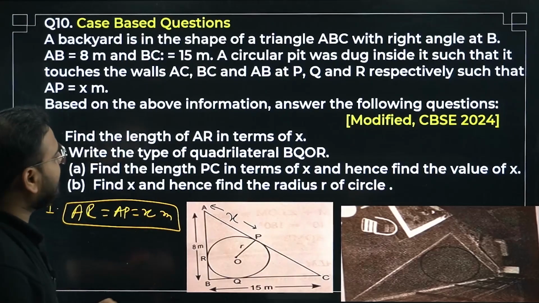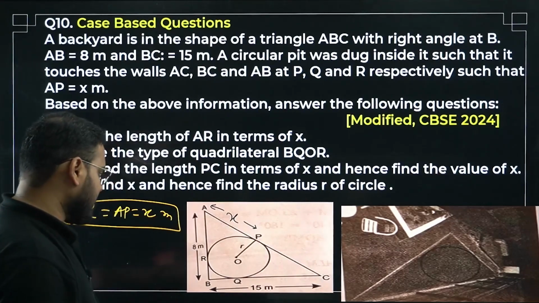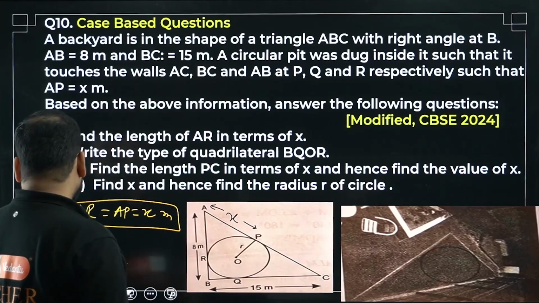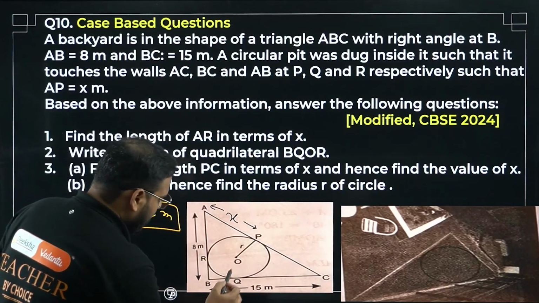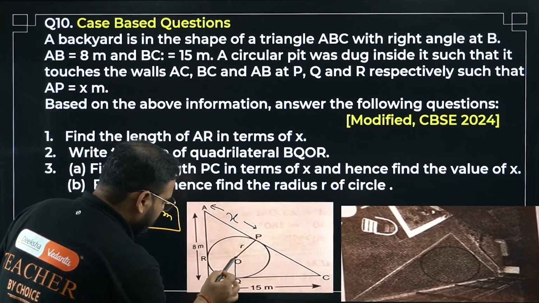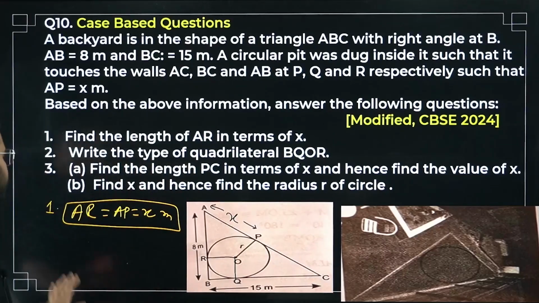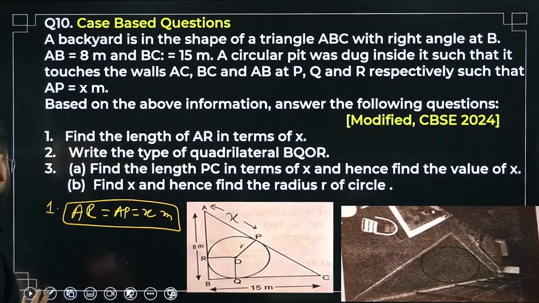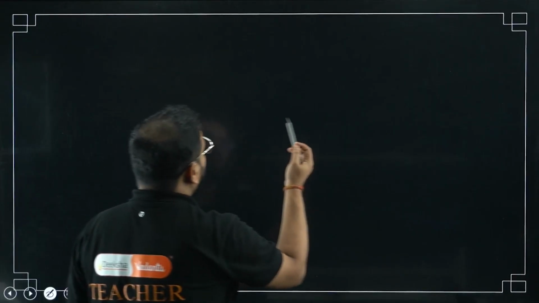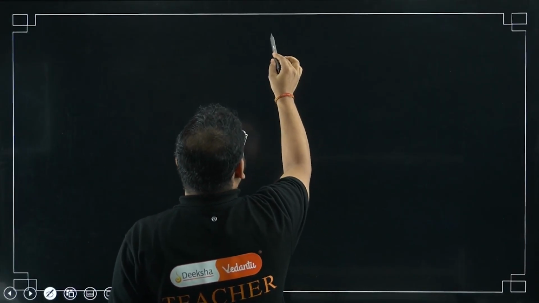Write the type of the quadrilateral BQOR. We'll solve it over here. Next slide. What we have here is BQOR.